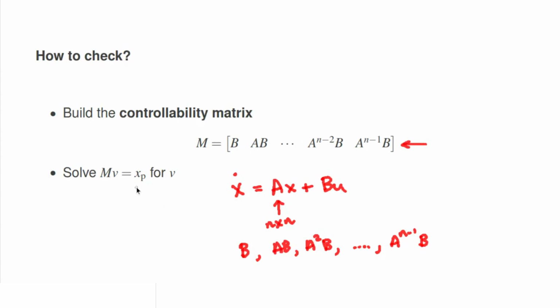A point xp in our state space is reachable if we can solve the linear system of equations Mv is equal to xp for v.